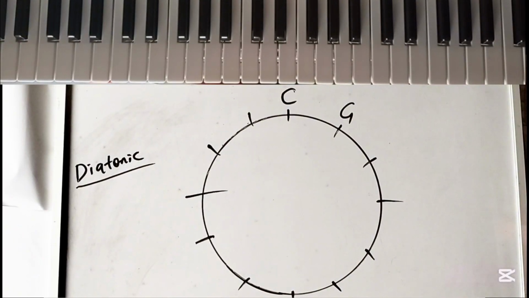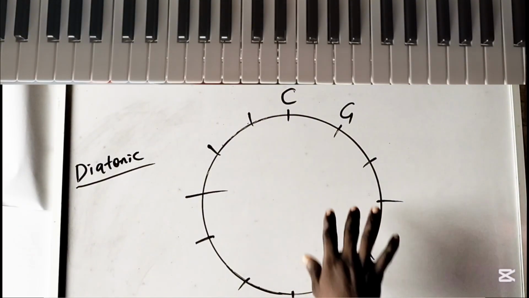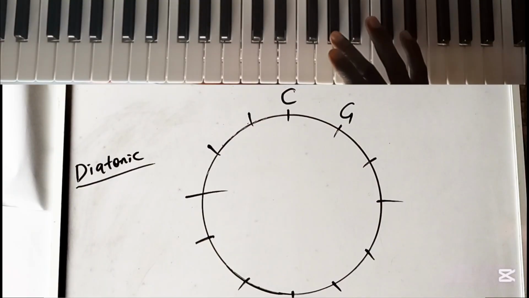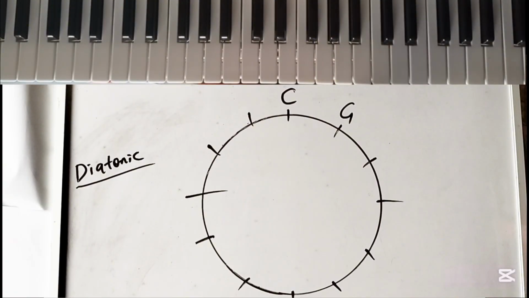Do you understand it? Then for you to get the fifth diatonic ascending of this circle of fifth, that is what we are using. You have to count a tone. So key G, 1, 2, 3, 4, 5.